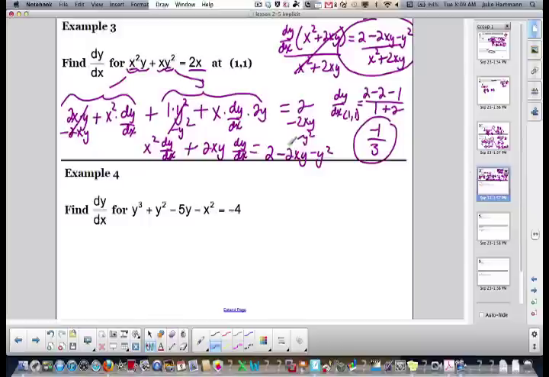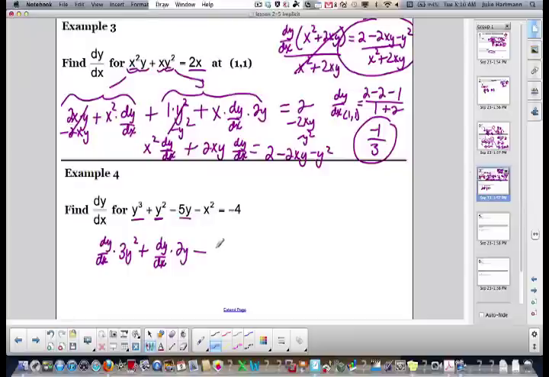So example 4. This one has lots of y's in here, so we'll have lots of dy/dx. So y cubed: derivative of the inside of the y is dy/dx, derivative of the outside is 3y squared. Plus y squared: derivative of the inside is dy/dx, derivative of the outside is 2y.